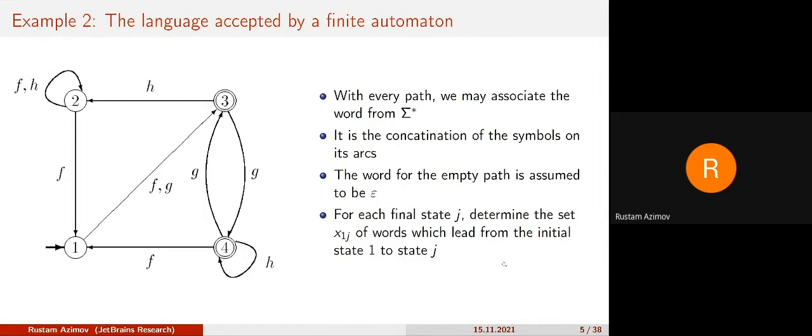And we just want to compute the set of words obtained by paths from one source vertex to all destination vertices.